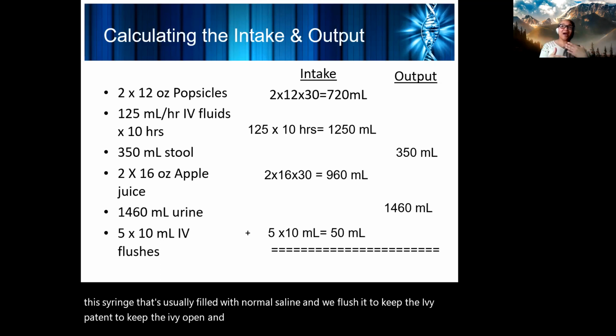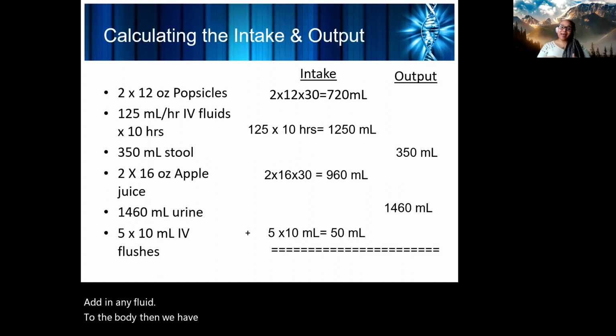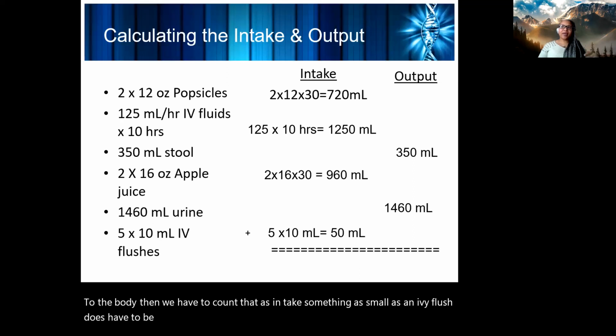And so we have to count those flushes. A lot of people don't think about IV flushes, but if you're adding any fluid to the body, then we have to count that as intake. Something as small as an IV flush does have to be factored in. So that gives us 50 milliliters.